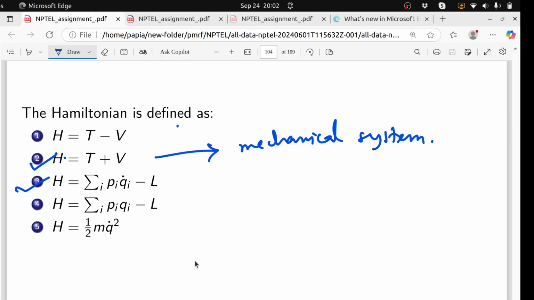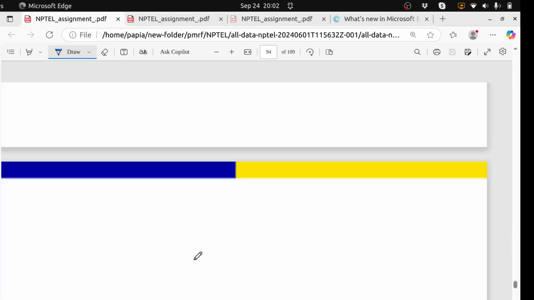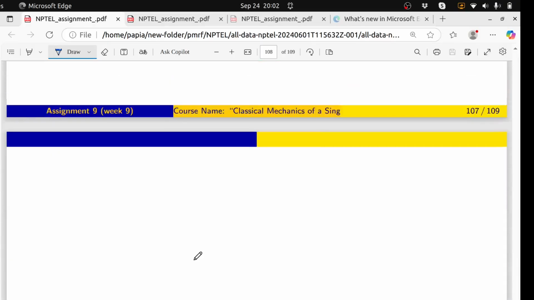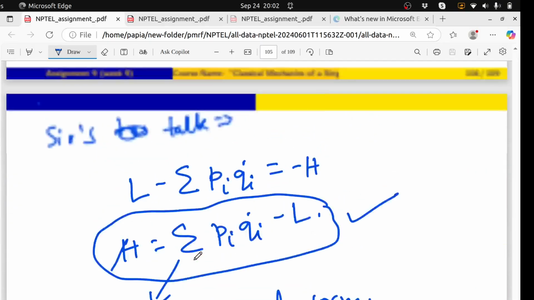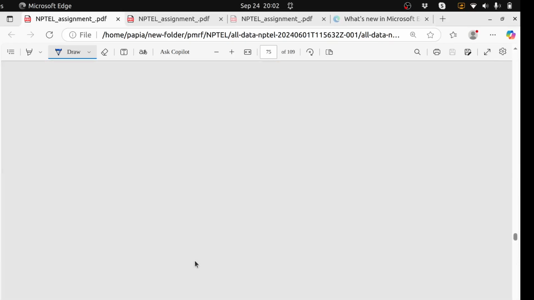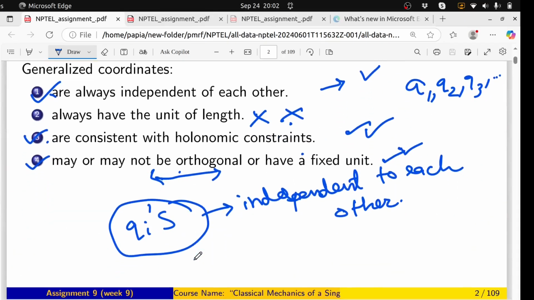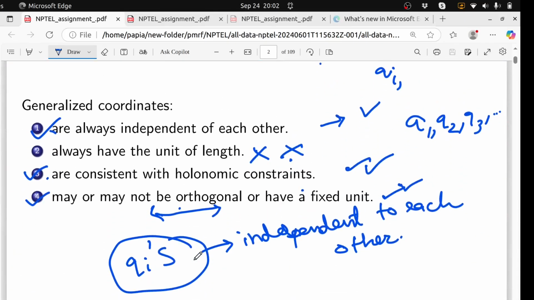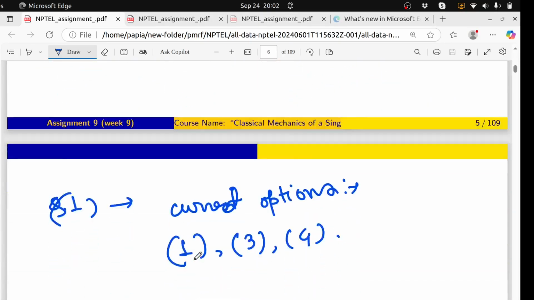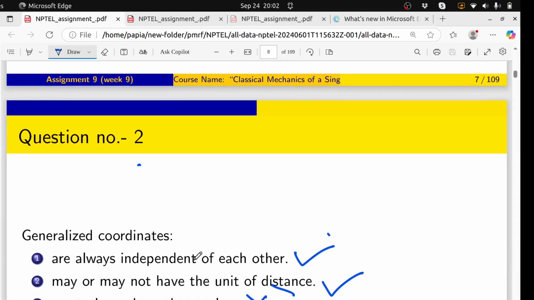Okay, so now maybe we can wrap up the session. I am just going through the questions here, all the 20 questions. This is the last question. This is the first question. Now coming to the second question.